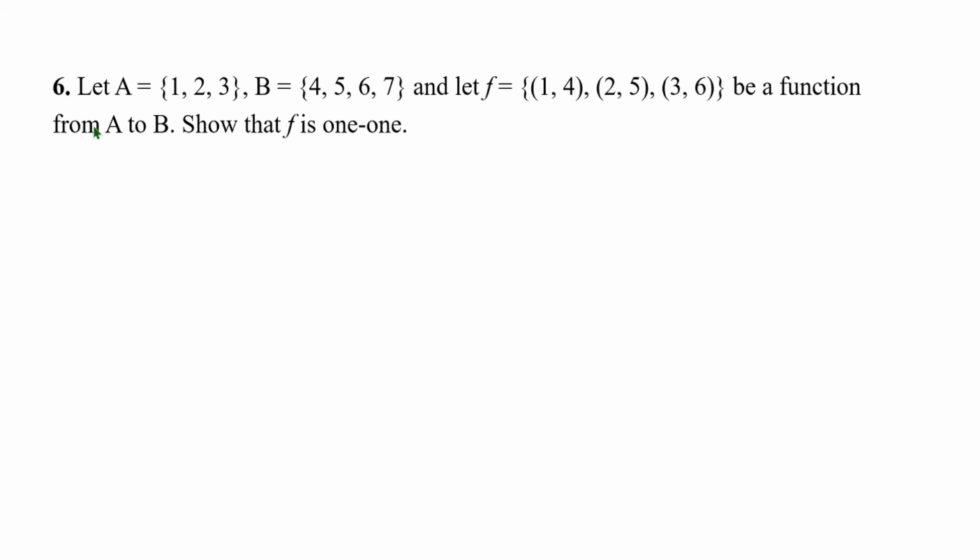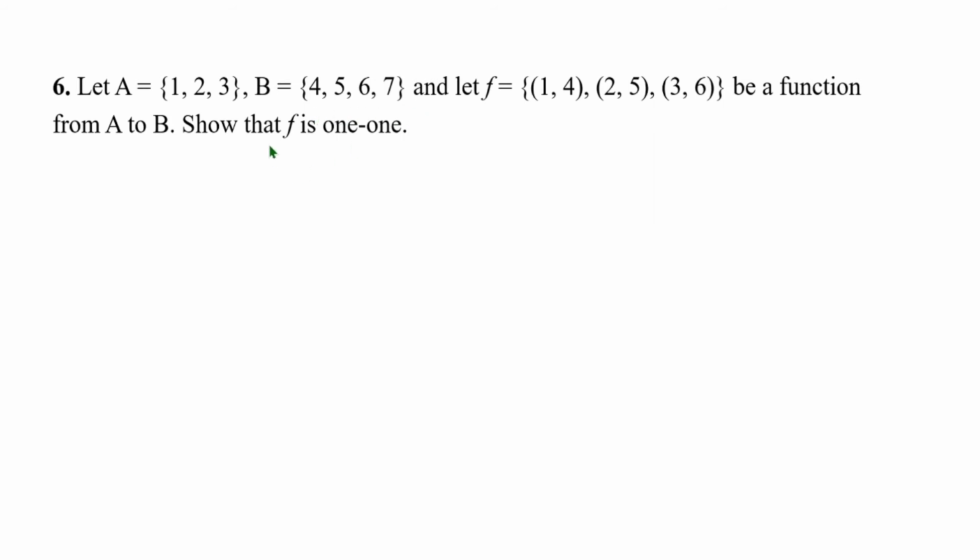Question. Let A be the set 1, 2, 3, B be the set 4, 5, 6, 7, and let f be the ordered pairs (1, 4), (2, 5), (3, 6), a function from A to B. Show that f is one to one. Here if we see the function, 1 is mapped to 4, 2 is mapped to 5 and 3 is mapped to 6. So different elements in the domain have different images in the codomain.